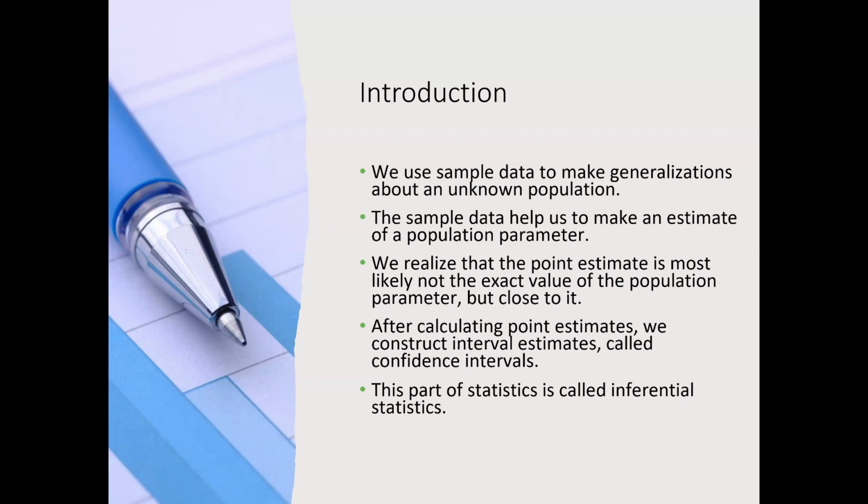After calculating point estimates, we construct interval estimates, that plus or minus 3%, called confidence intervals. This part of statistics is called inferential statistics because we're inferring something about the population from the sample. We are inferring that Donald Trump, whenever that poll was taken, has 50% of the vote compared to Kamala Harris, who has 48%.